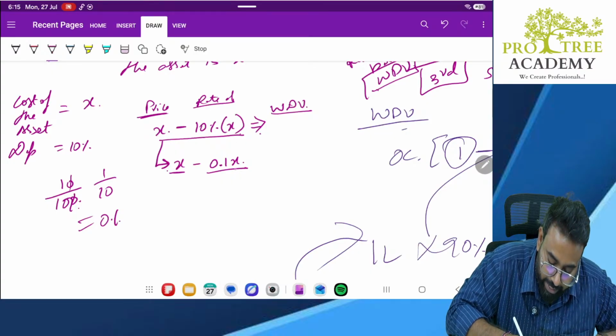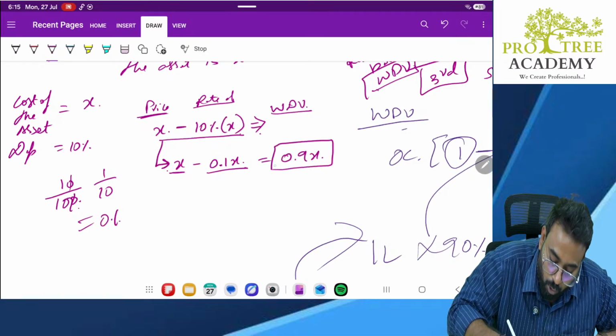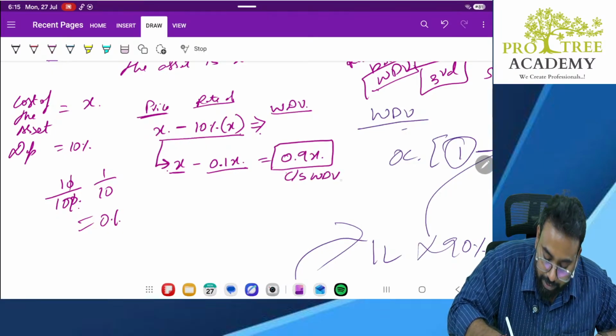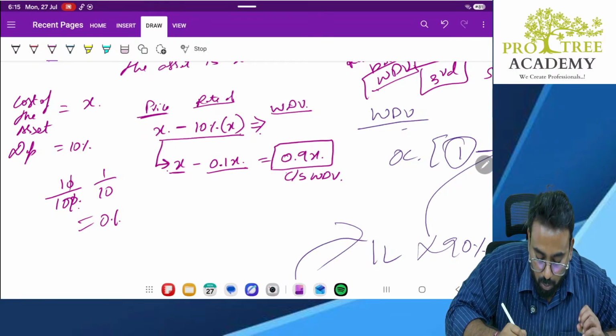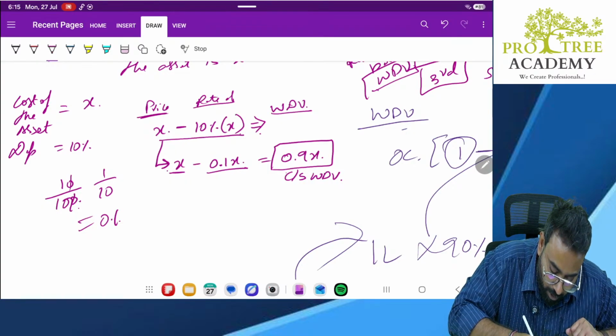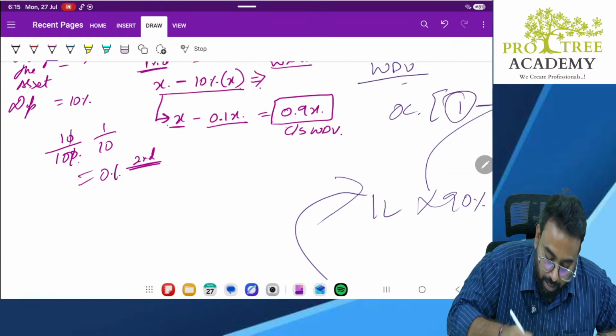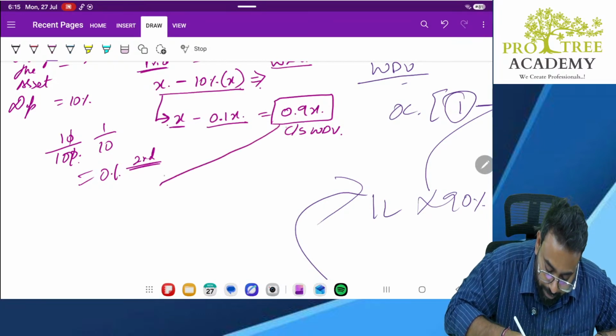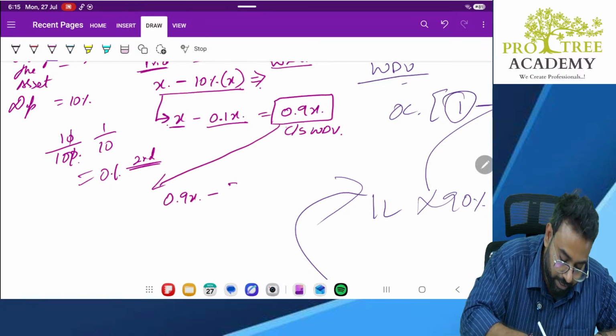Now, X minus 0.1X is equal to 0.9X. This will be our closing WDV. Now, this is for the first year. What will happen for the second year? We will take this closing WDV and again on this we will do depreciation, correct?